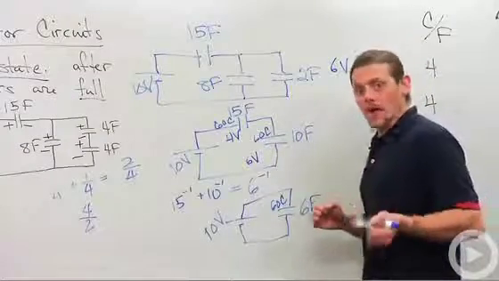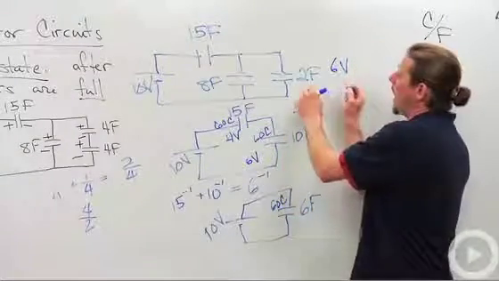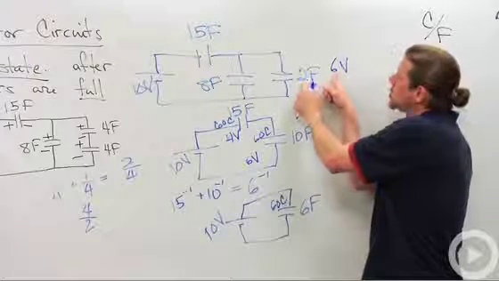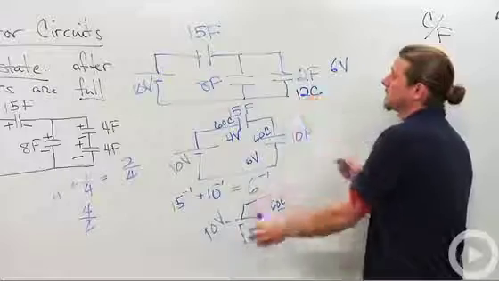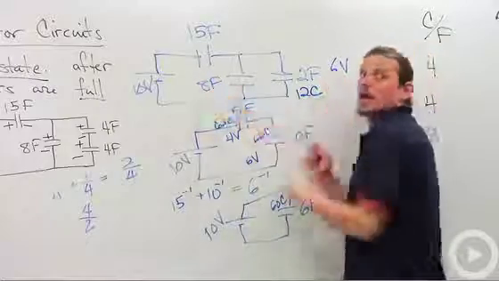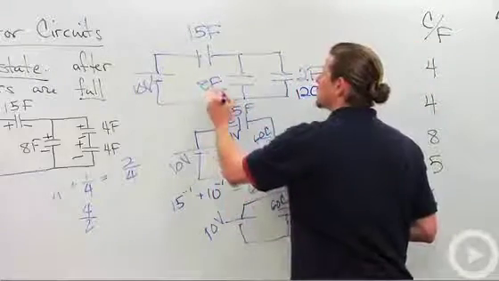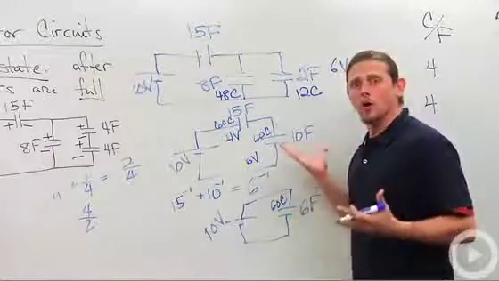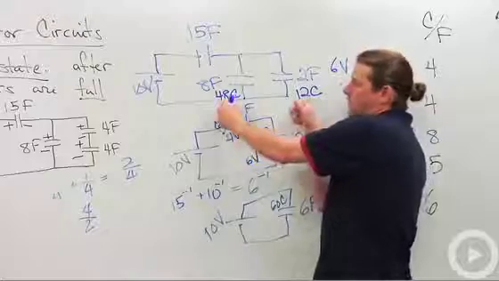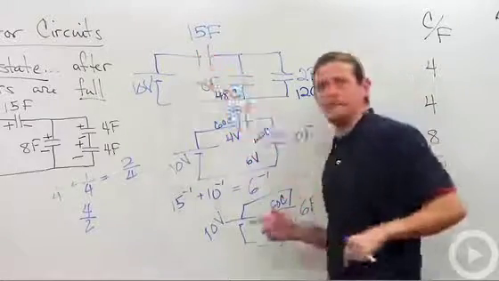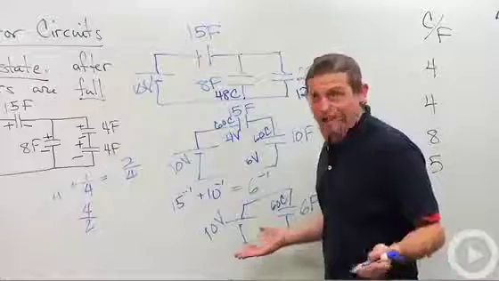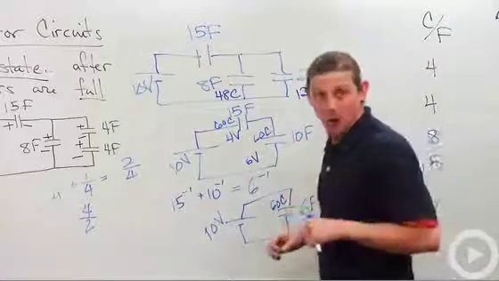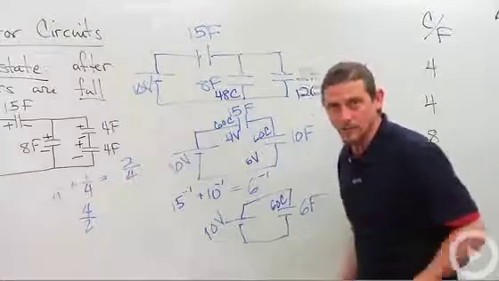All right, then we do C times V, and that's going to give us the charge. 2 times 6 is 12. 8 times 6 is 48. All right, so that's the way that it goes. Notice, of course, that 48 plus 12 gives us the 60 that was on the 15 farads. After that, we'll break this 2 back into the 2 4s. I'll let you do that one on your own.